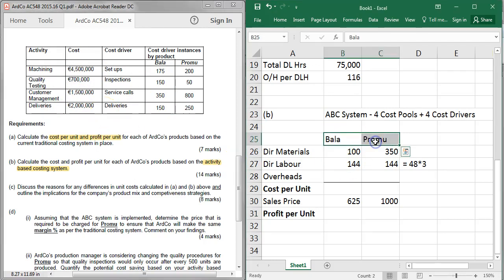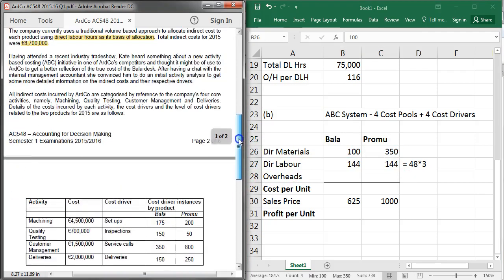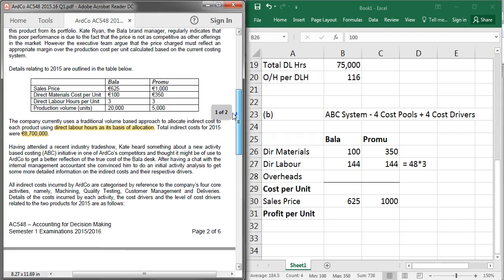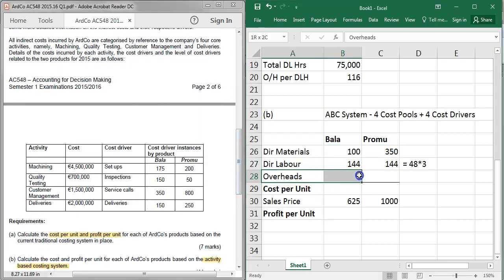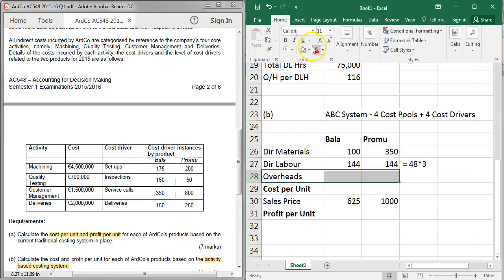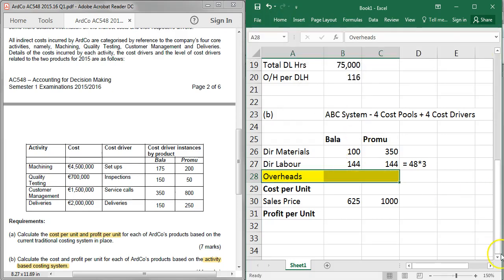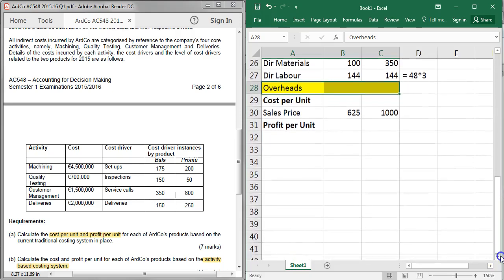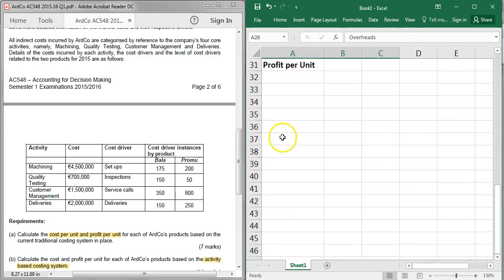So the first thing to note is your direct costs do not change. They are directly attributable to the product, therefore they're fine overall. They will not change. The only one that's going to change now is your overhead. We're no longer going to allocate based on direct labour hours. We're going to have to come down, and that's why there's more marks going for this, and we're going to have to set up a little table.